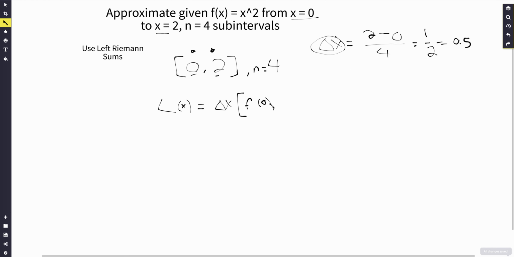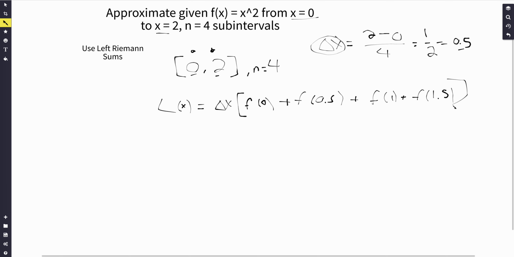Okay, so it'd be f of 0 plus, now we need to go in intervals of 0.5 because that's what our delta x tells us. f of 0.5 plus f of 1 plus f of 1.5. Notice how we didn't include f of 2.